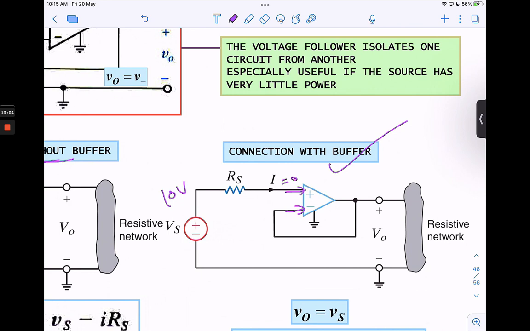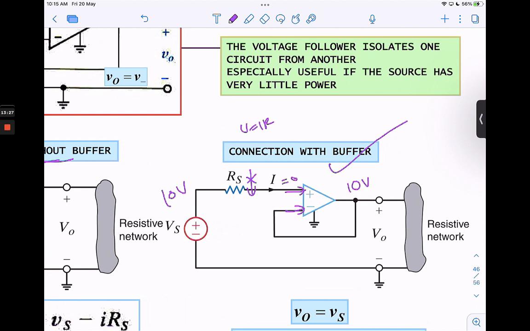So when we have V equals IR, and I equals 0, it means there will be no voltage drop across this resistor. So the buffer amplifier has one gain. One gain means when we have Vs equals 10 volt, there will be 10 volt at the output.